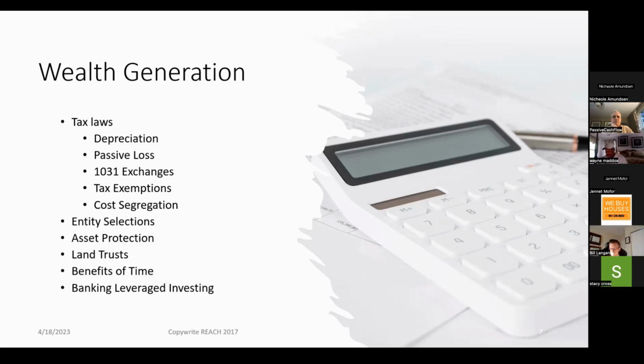So if you were to buy a property for $1 million and sell it for $3 million 10 years down the line, then the difference between what you bought it for and what you sold it for is what you're going to be looking at for capital gains. That can be a lot of taxes if all of a sudden you get $2 million in your pocket, right?